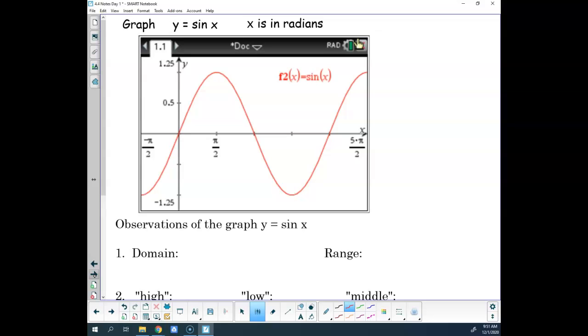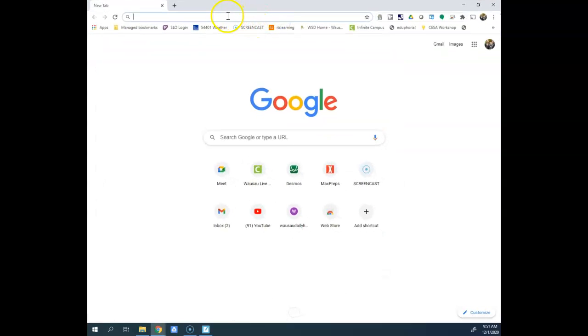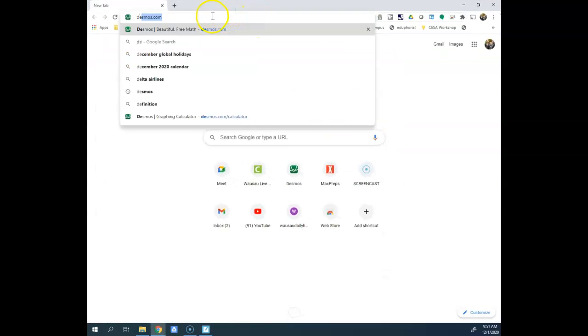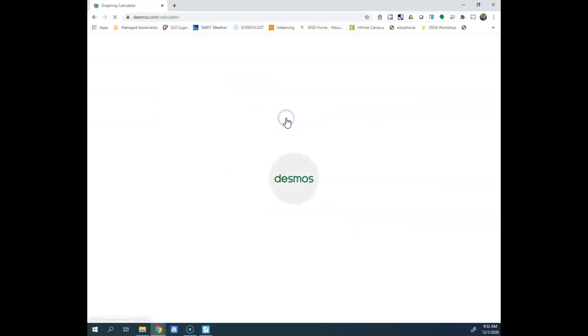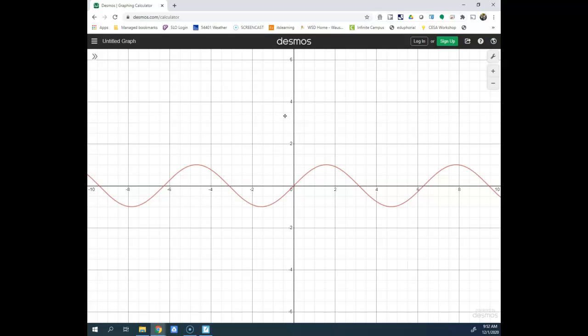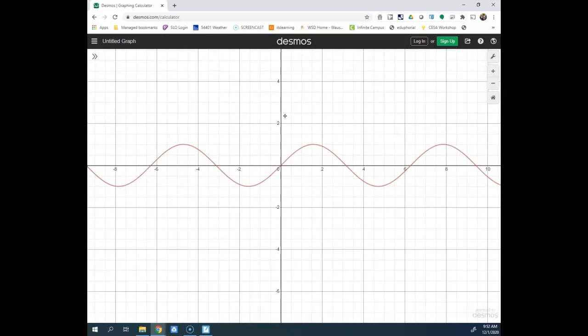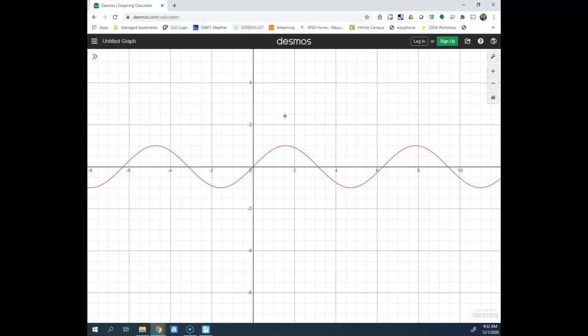But truly, this function goes on forever and ever, in both directions.